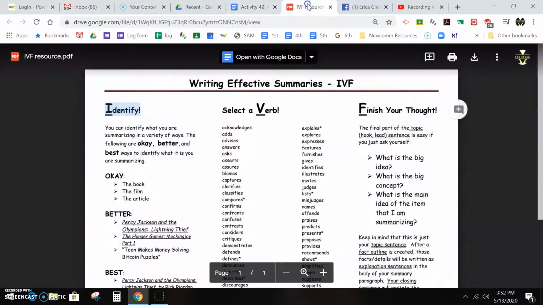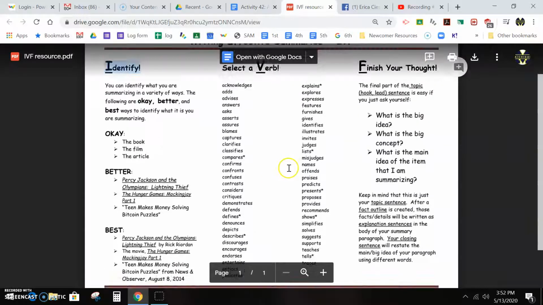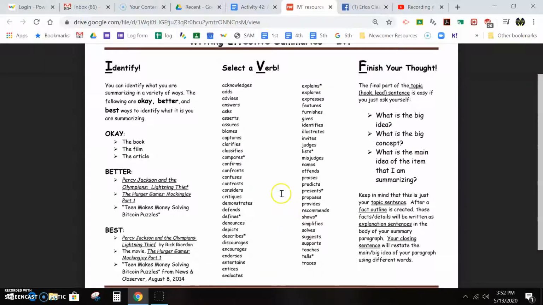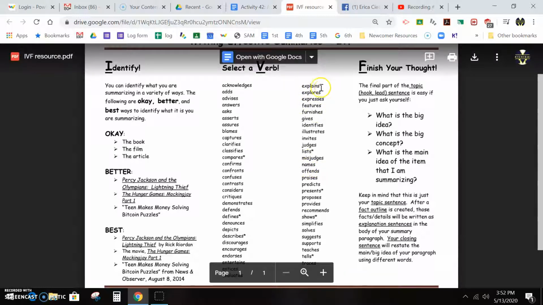So if I go back to my list, this is my handout. Look, we've got all these verbs to pick from. So we only need to pick one, and some of these verbs don't really make sense. I don't think this article blamed anybody. This article probably didn't offend anyone, but this article explained something.